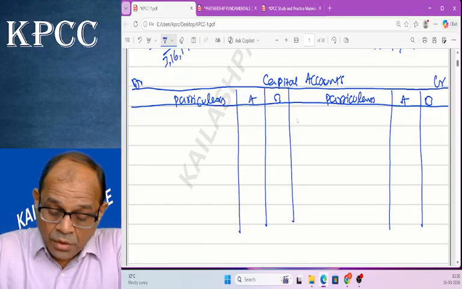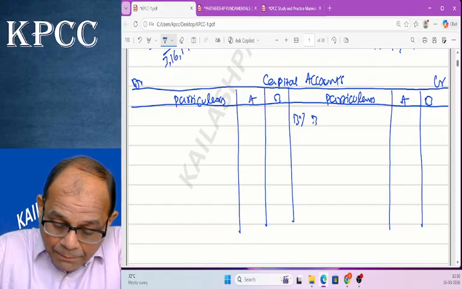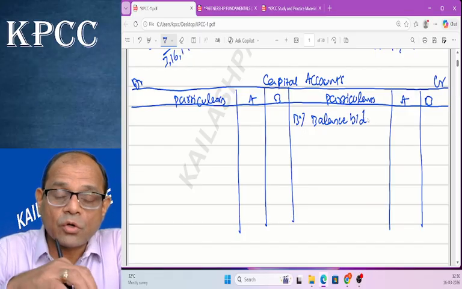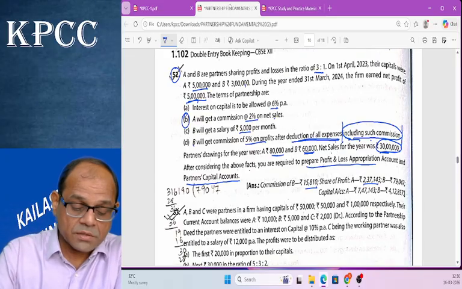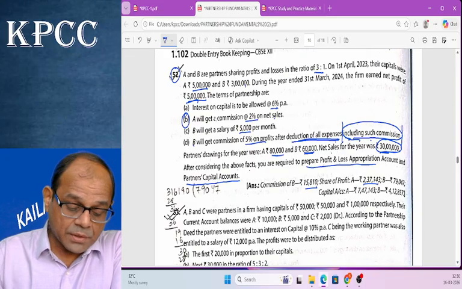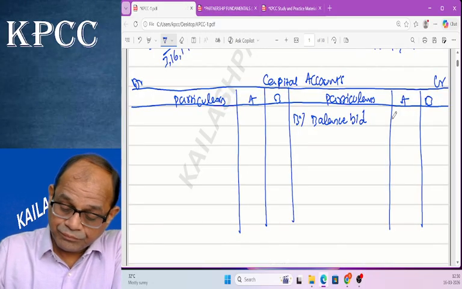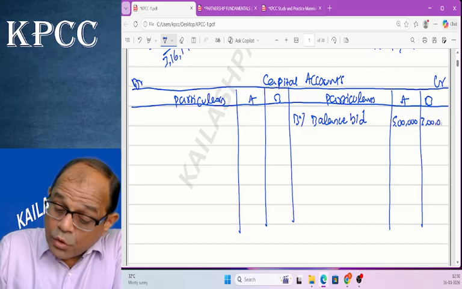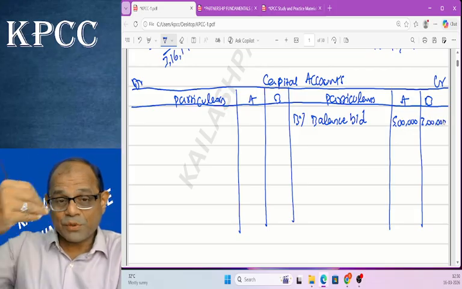Now credit side, by balance brought down. I have already told you, capital accounts by their nature always have a credit balance. The credit balances of capitals are 5 lakhs and 3 lakhs. Then I told you diagonally opposite side it will come.